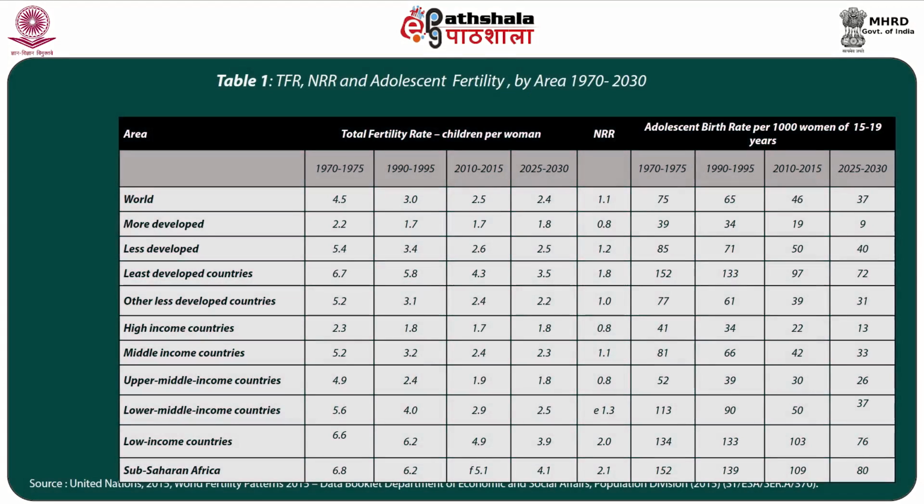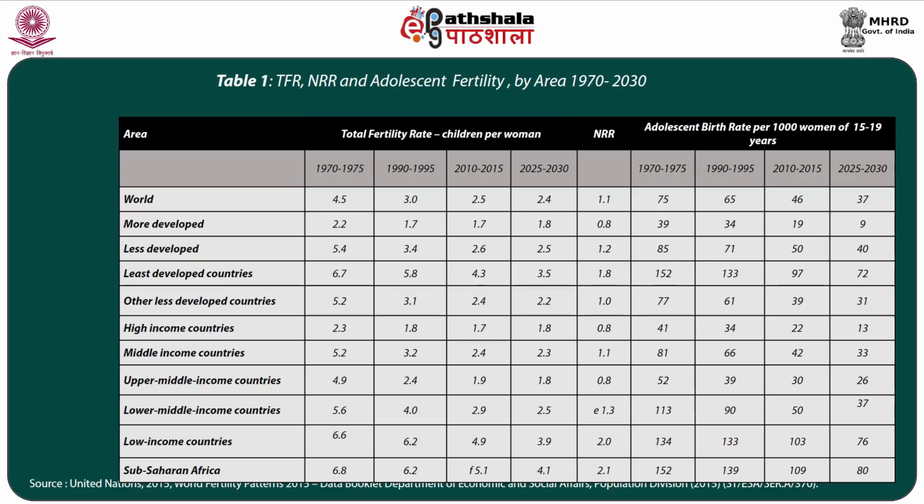Let us now move to the summary table number 1 that gives total fertility rate, net reproduction rate and adolescent fertility rate by area for the period 1970 to 2030. For the world as a whole, the TFR declined from 4.5 to 2.4.